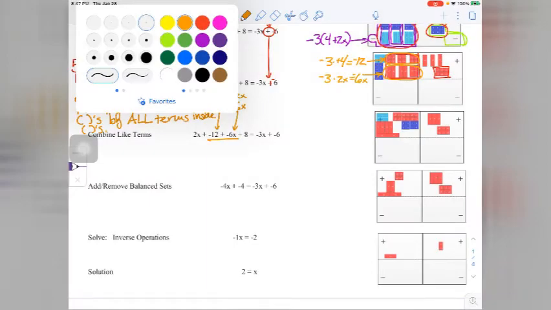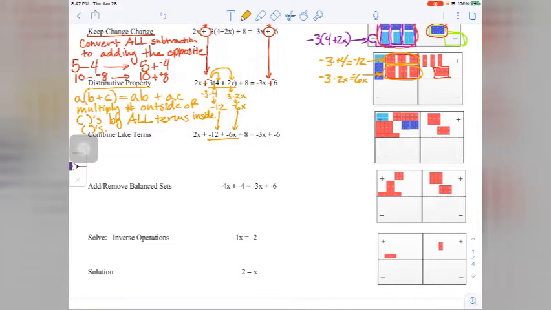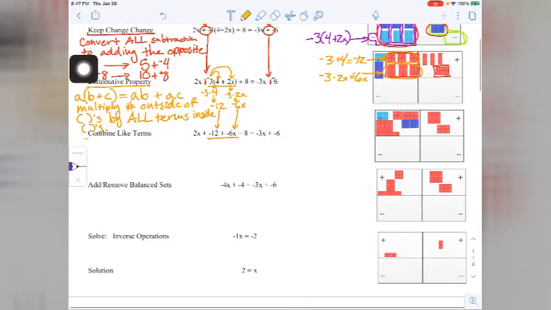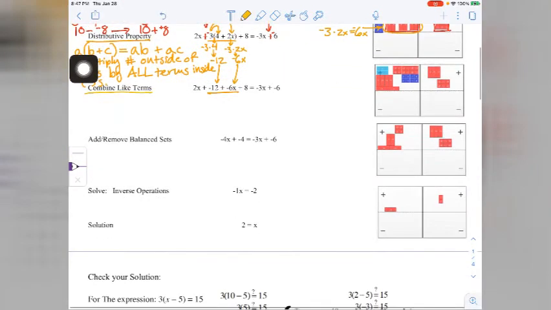All right, so our next step is going to be combining like terms. Combining like terms means adding together, right? Combining just means putting things together. So I'm going to add together or subtract.